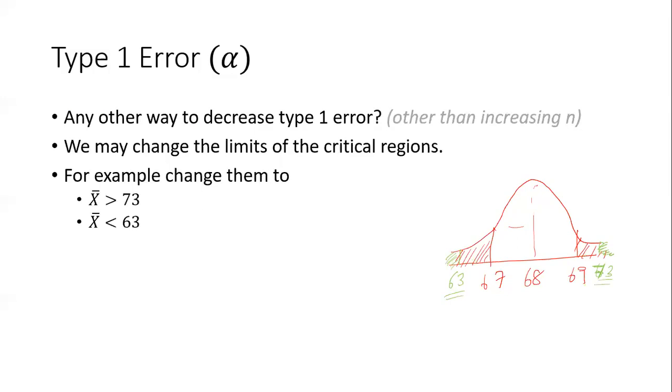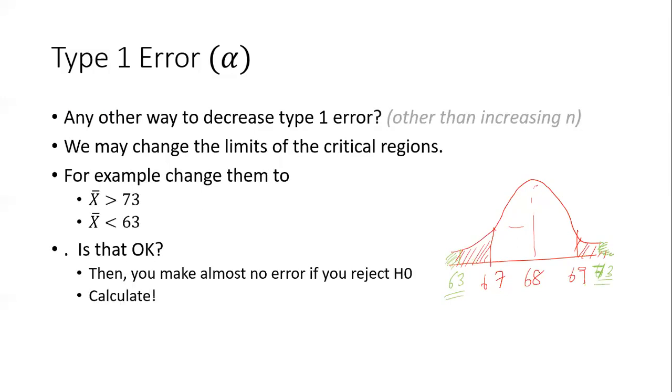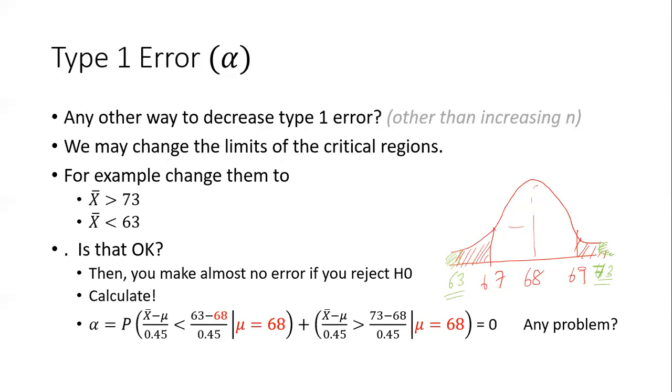Right? Well, if you just calculate the same error with the same n equal to 64, x bar minus mu, so this is now 63, now this is 73. If you just calculate this, you will see that alpha is equal to 0, right? Alpha is equal to 0. So there is no probability of making type 1 error.